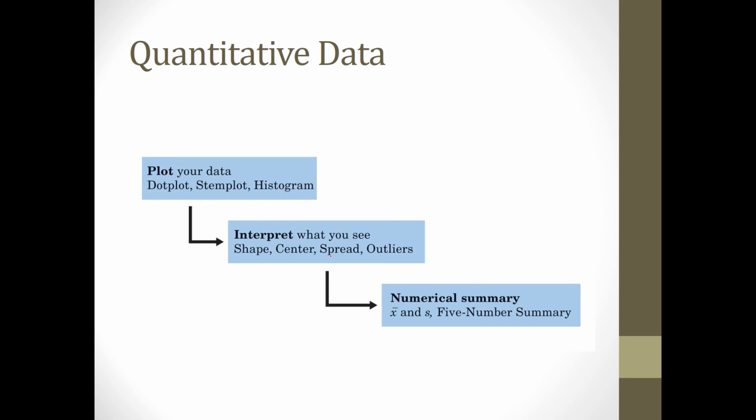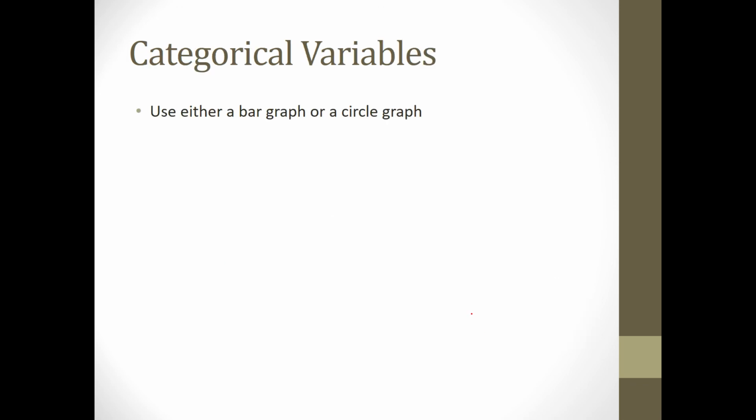What is the shape? What's the center? What's the spread? What are the outliers? And then you're going to either do the mean and the standard deviation, or the median with the 5-number summary.